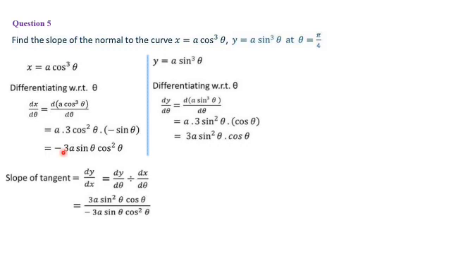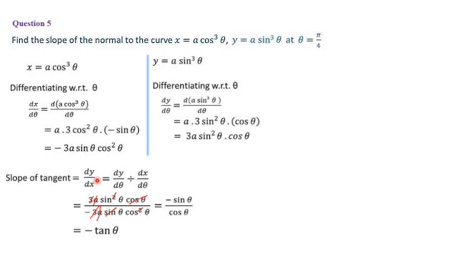Dx by d theta is minus 3a sin theta cos square theta. Then for the cancellation, one sin theta is gone, a is gone, 3 is gone. Then cos theta, and in cos square one is gone. What we are getting is, in the numerator there is sin theta, in the denominator there is cos theta, and there is a minus sign. That is minus sin theta by cos theta, which is equal to minus tan theta. This is dy by dx.